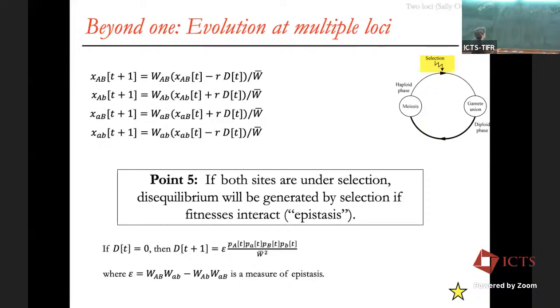Okay. So now I'm going to replace those with our equations, including fitness at both loci, but I don't have any disequilibrium, so I'm dropping that by assumption. And these are all at time t, so I'm going back a generation.